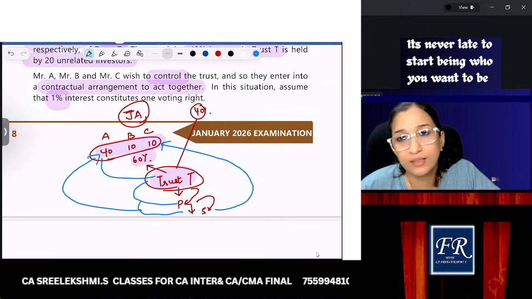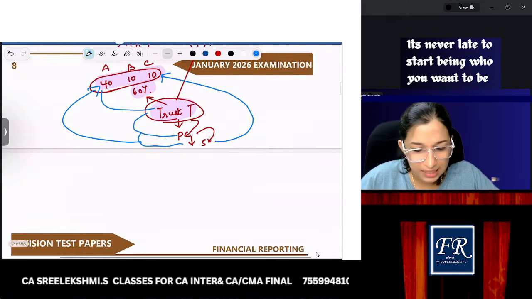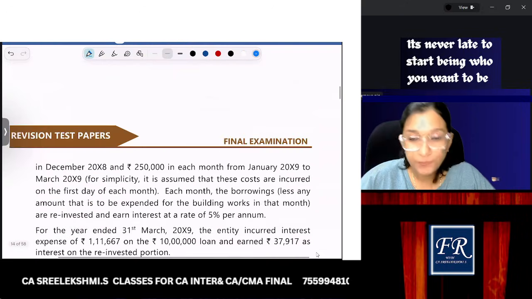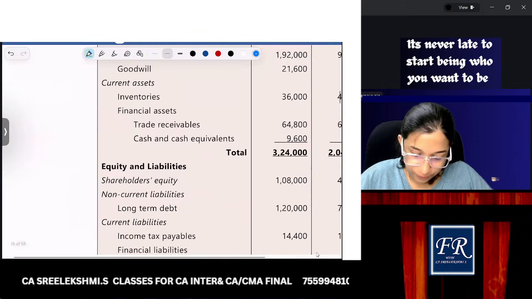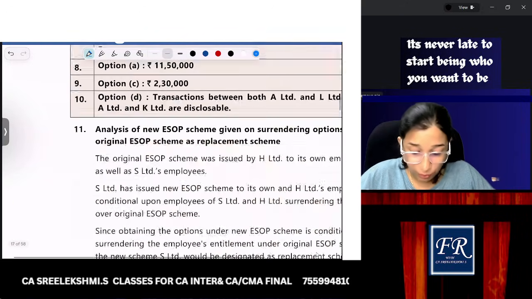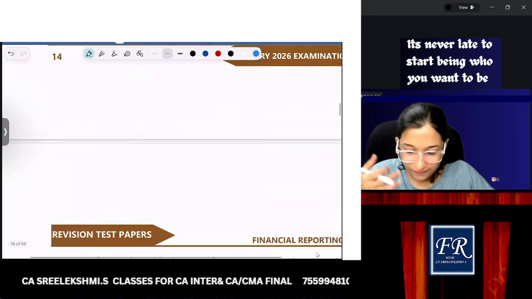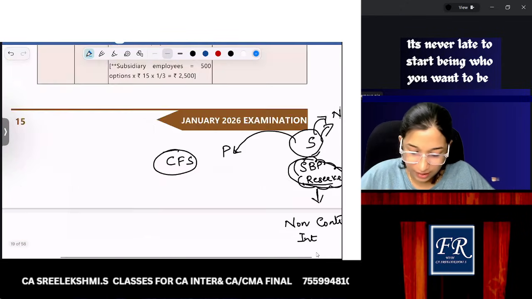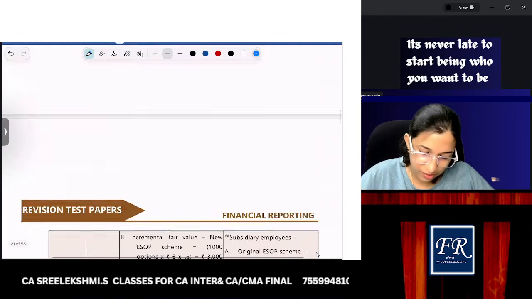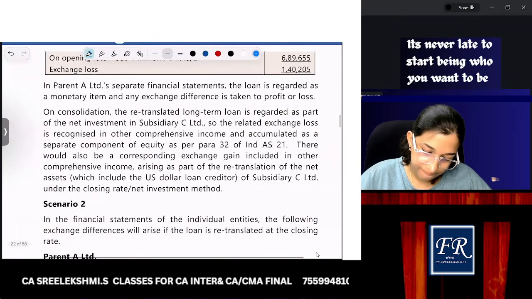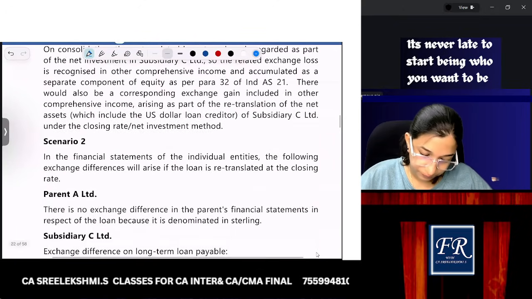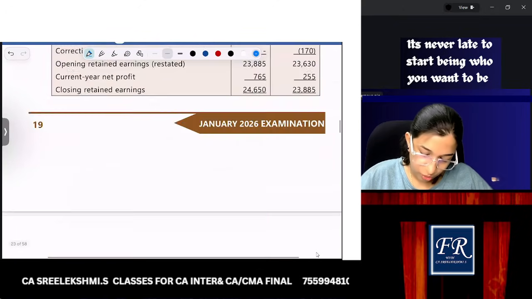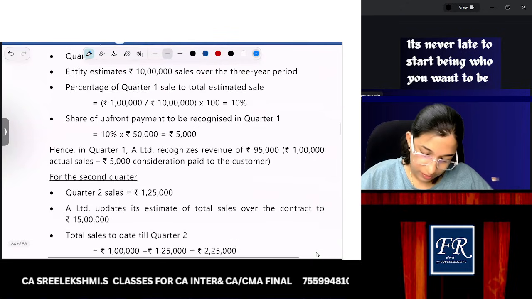So that is correct. Do you need to see the answer? If there was no joint arrangement, then we cannot say that. Otherwise, if there is a joint arrangement, this is the answer. Let me show you the answer.